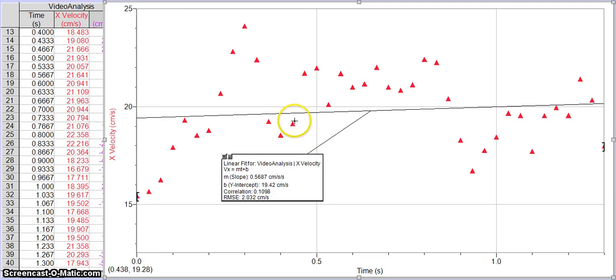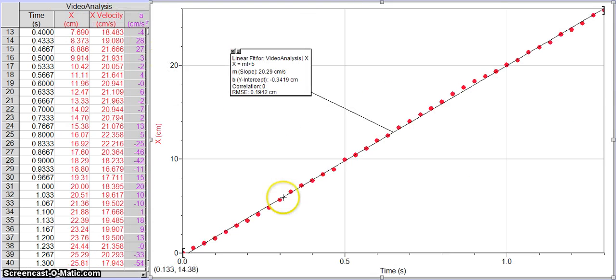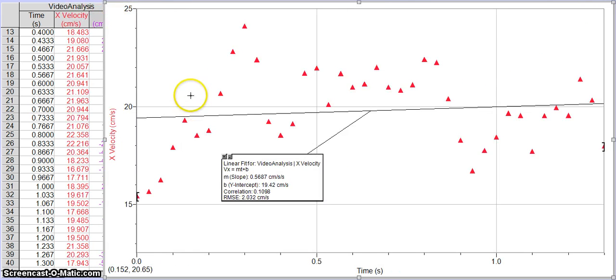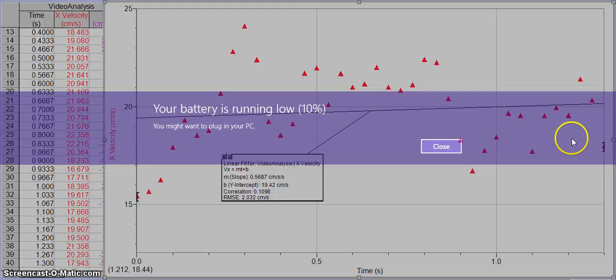So you can see that when there is a constant upward relationship between our position and time, there's a very constant relationship in our velocity, where it's almost a line and almost doesn't change at all.